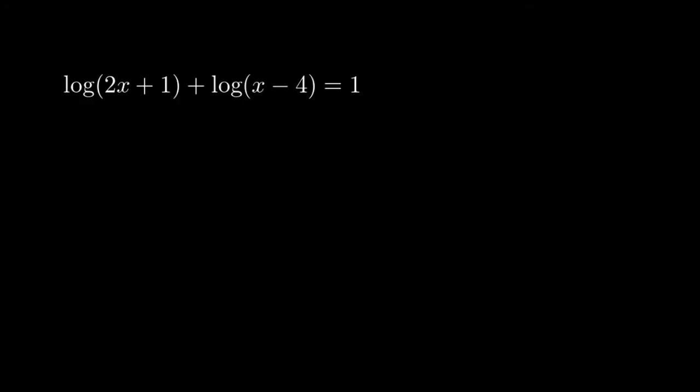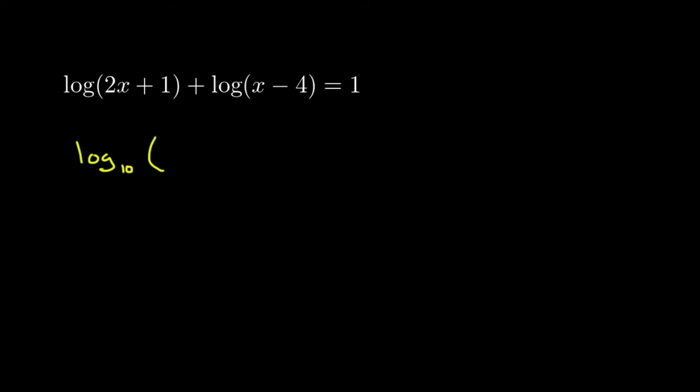Okay, in our final example here, we have the sum of two logs equaling 1. And since the base isn't written in a pre-calculus class, it's safe to assume that both of these logs are base 10, or common logarithms. So instead of dealing with the sum of two logarithms, it makes a lot more sense to condense this to a single log, which I think I'll write out the hidden base 10.